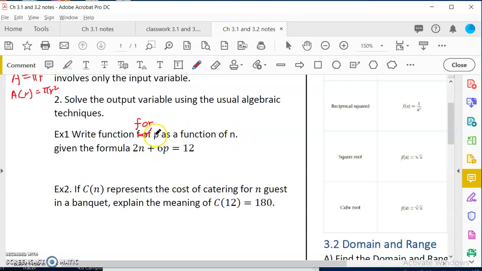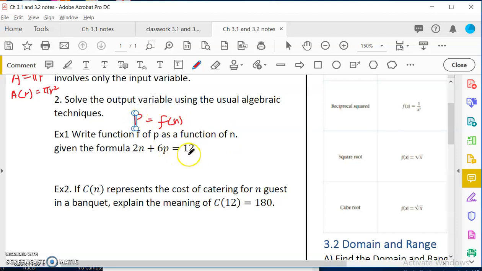So I want to write a function of p as a function of n. I think f is just a name, so maybe I'll just erase it. Okay, so I think they want p equal to f of n. P as a function of n. Yes, p as a function of n. So n is the input and p is the output.